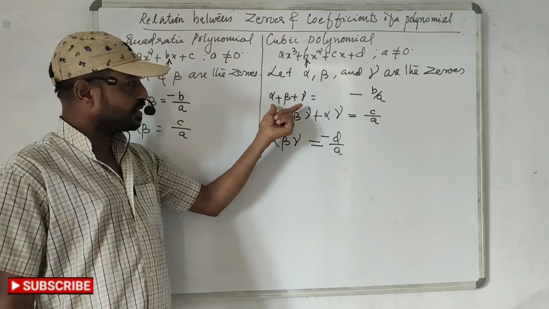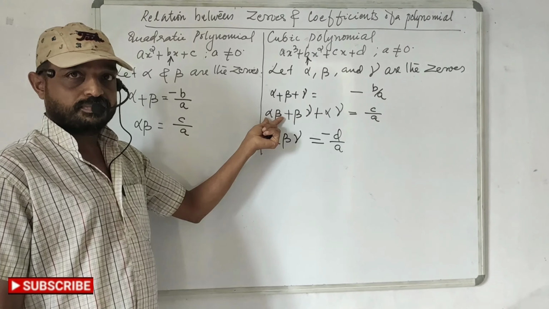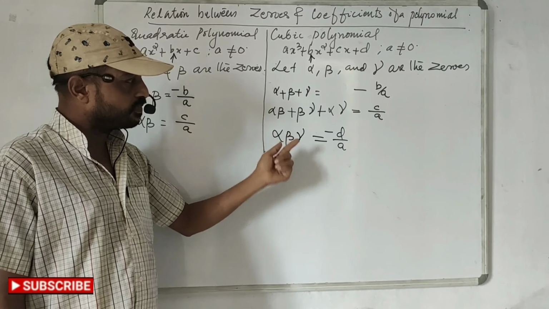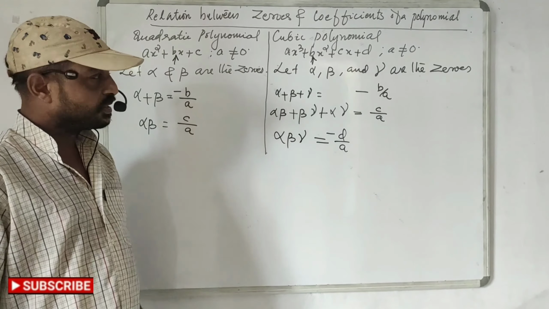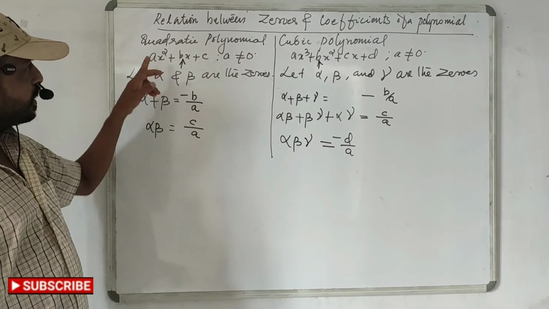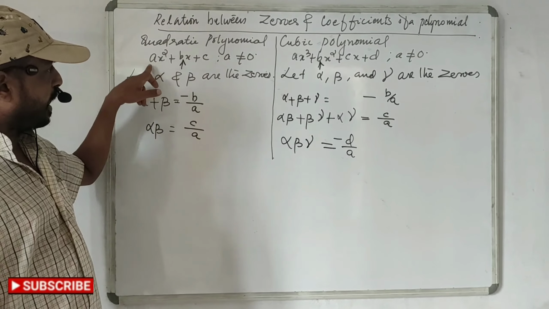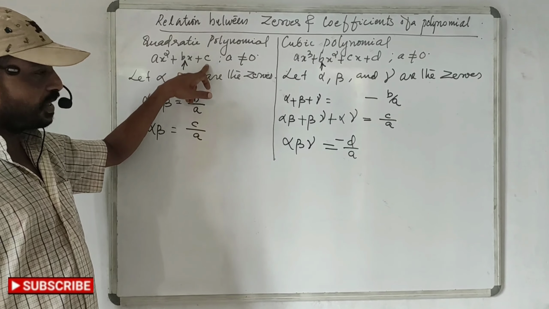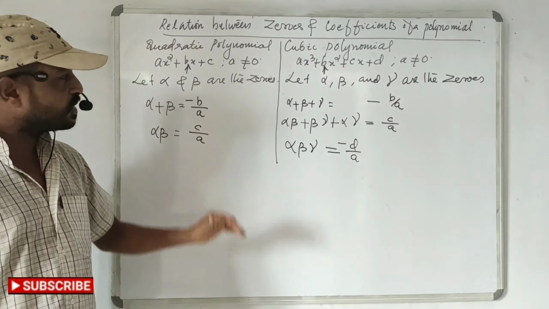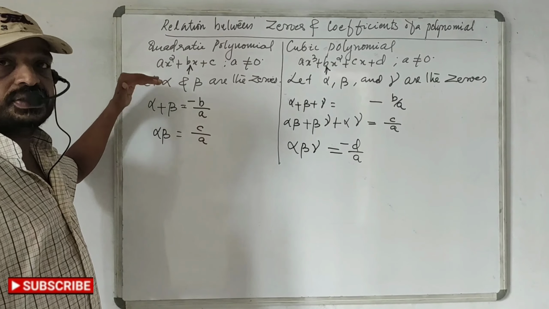This is the sum of the zeros. This is the sum of the product of the zeros taking two at a time. This is simply the product of the zeros. Right. So you will have to understand this result. So now what is the result? For the quadratic polynomial ax square plus bx plus c, we are assuming that alpha and beta are the zeros because a quadratic polynomial has two zeros.